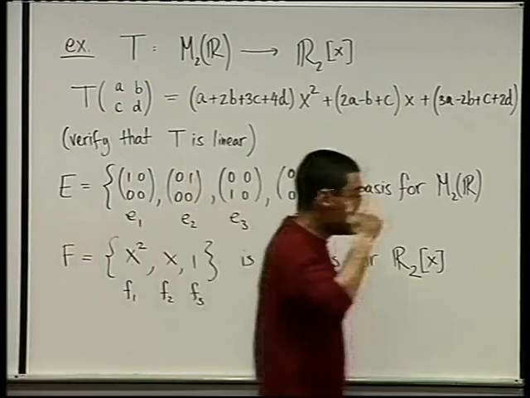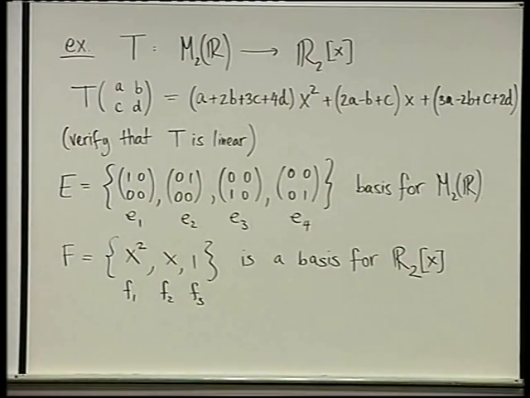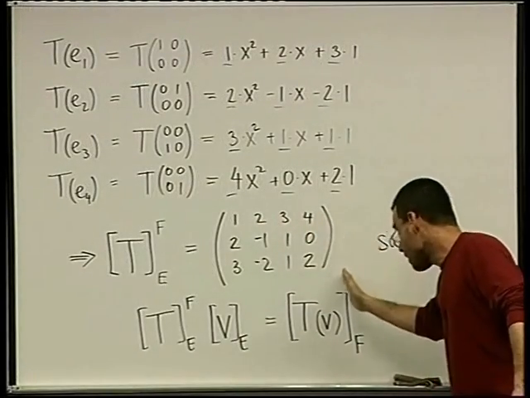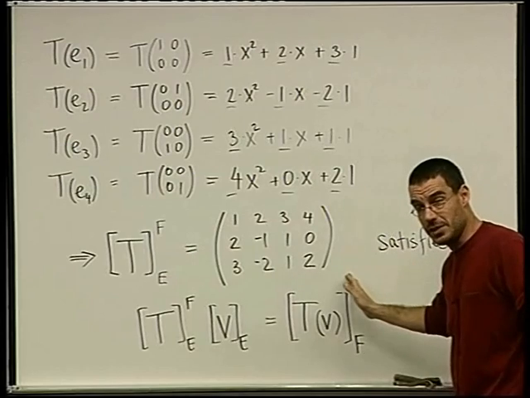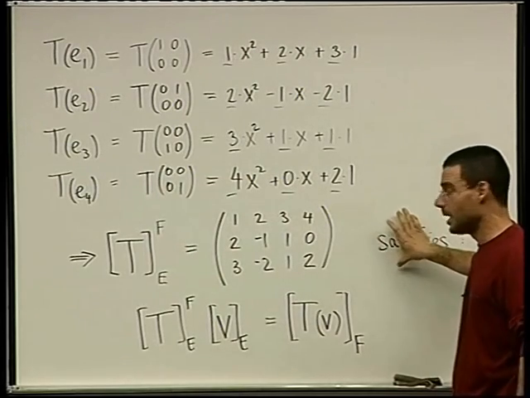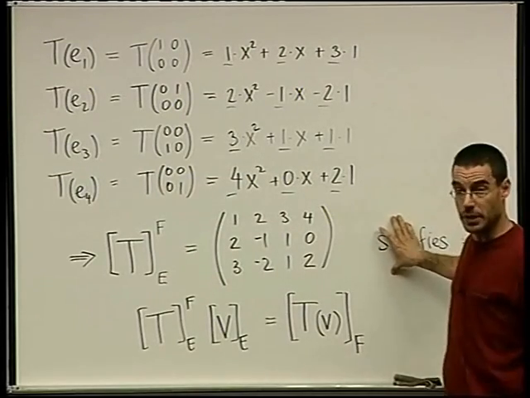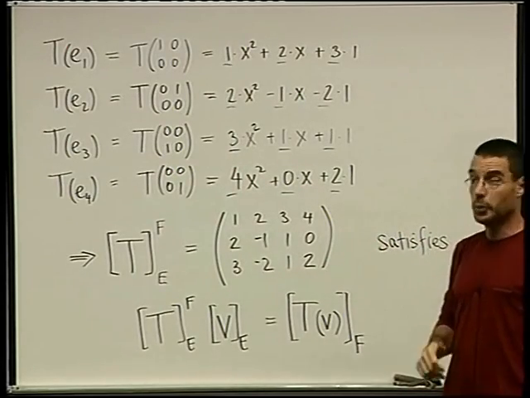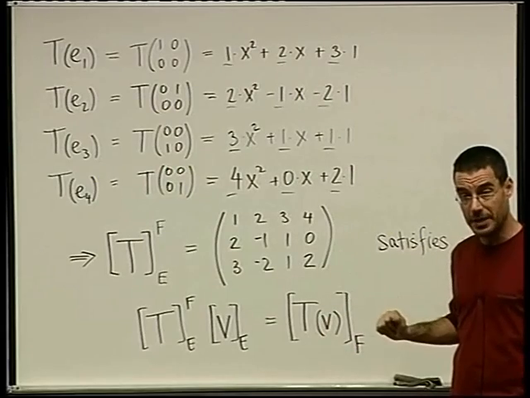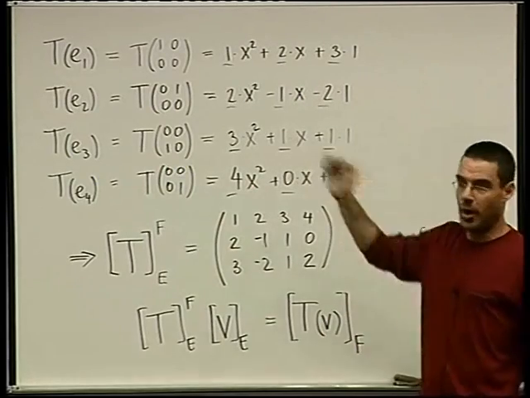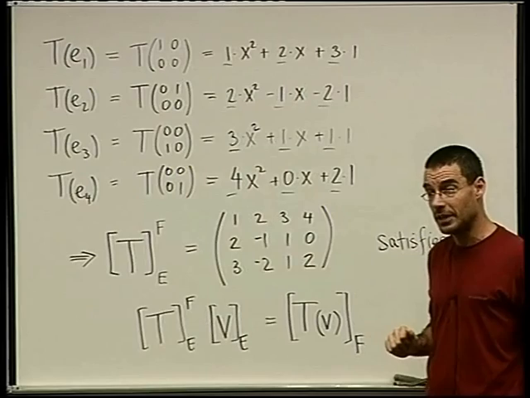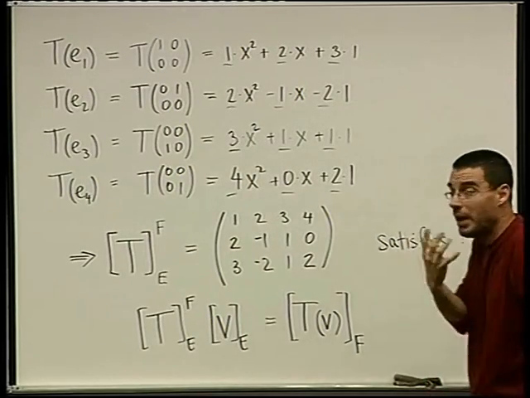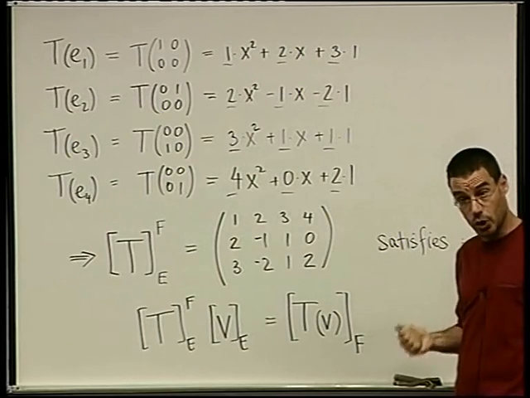Now, for the range space, what is the result going to be? If I multiply this matrix by a column vector with 4 entries, I'm going to get a column vector with 3 entries. So the range space has to be of dimension 3. So I chose a space of dimension 3. For example, R2 of x, polynomials of degree less than or equal to 2. Okay? And I don't care which 3-dimensional space I chose.